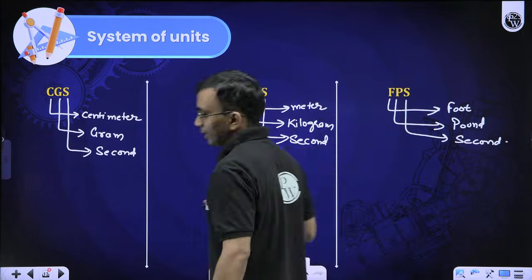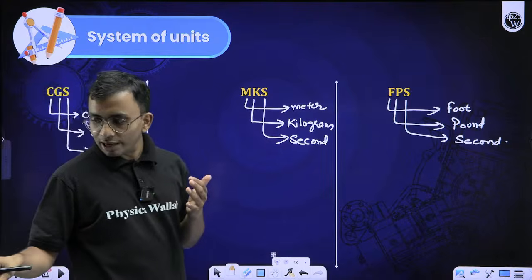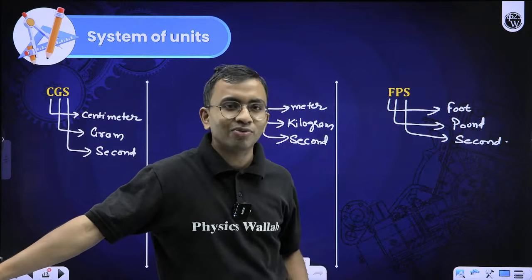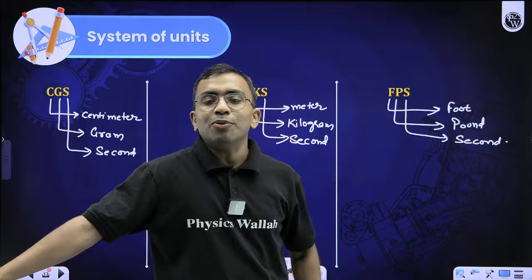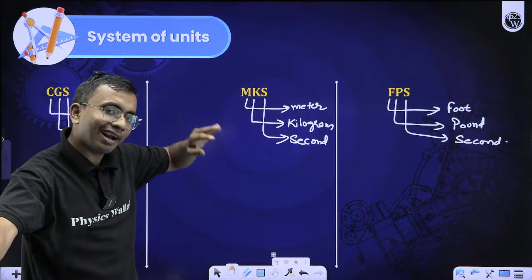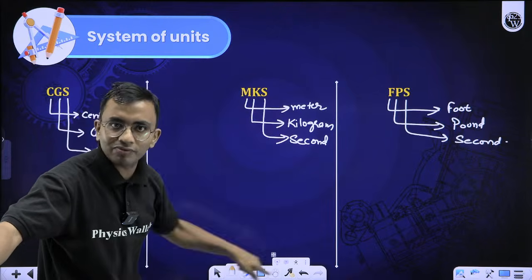So these three are well-known systems of units, but here we have limitations: only the first three fundamental quantities. Now, in the MKS system of units, if I add the remaining 4, the 7 will become complete.